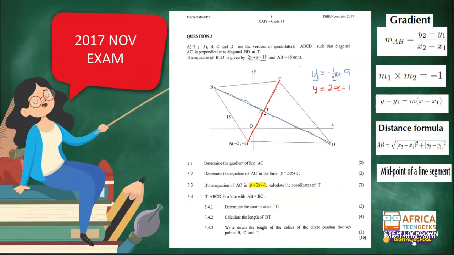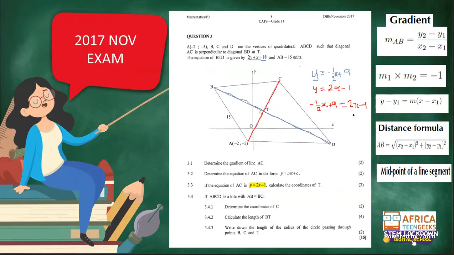Okay, so at point T, we will have negative half X plus 9 being equal to 2X minus 1. Okay, so we can actually solve for X. Can you see that? So we can solve for X in our equation.